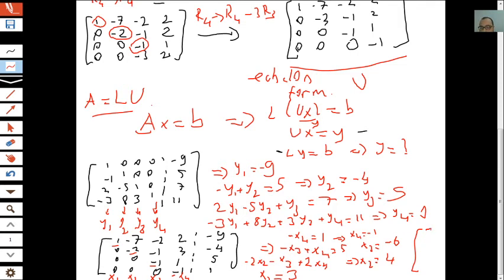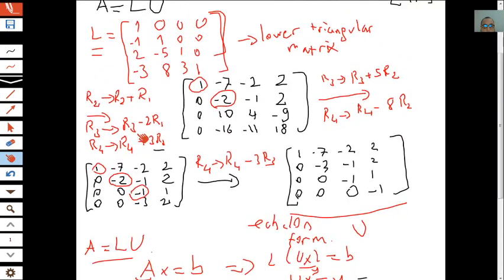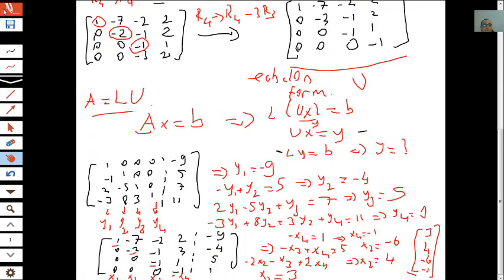So we have 3, 4, minus 6, minus 1. This is the solution of the system by using the LU factorization. Okay, LU factorization.